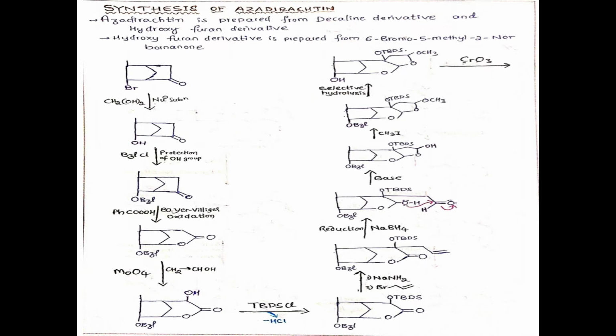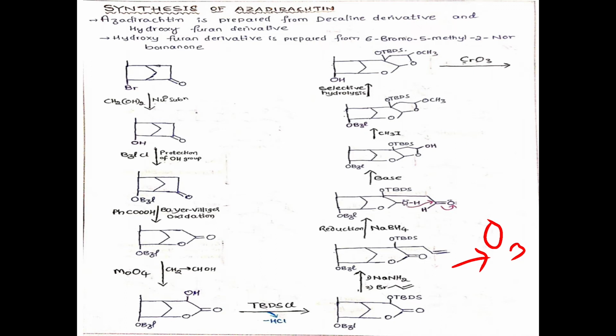It is treated with allyl bromide. As a result, the allyl group is substituted at the carbon alpha to the carbonyl group. This compound is then treated with ozone. Here one step is missed, that is ozonolysis.